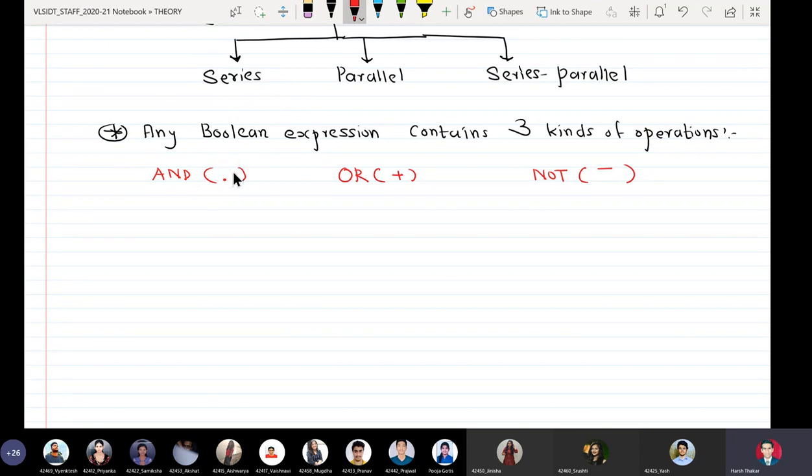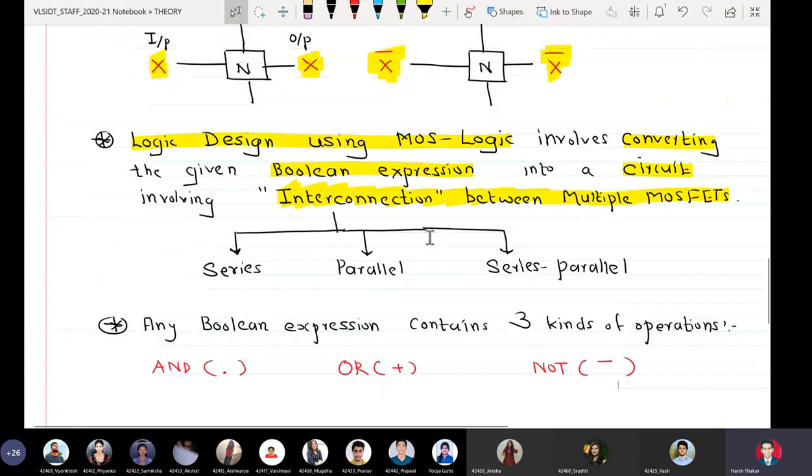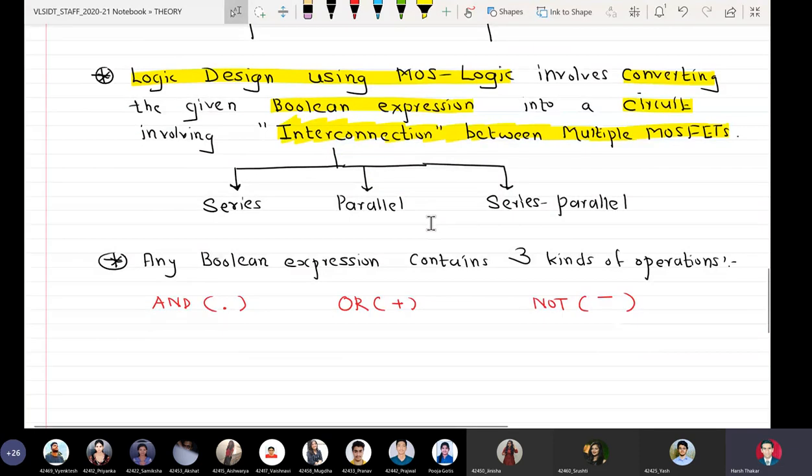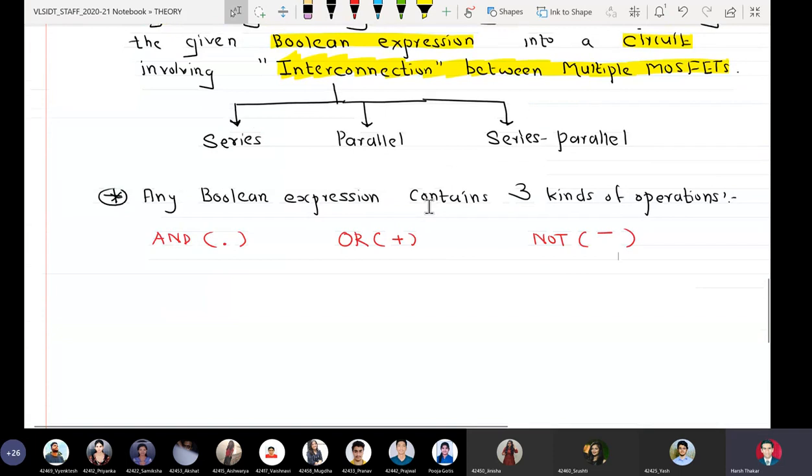Now we already said that you have to convert a Boolean expression into interconnection between MOSFETs, and interconnection means connecting MOSFETs in series, parallel, or series parallel. On what basis are we going to decide this?